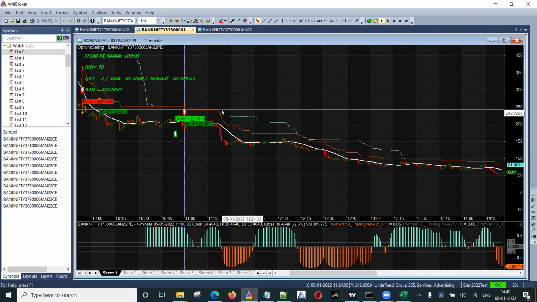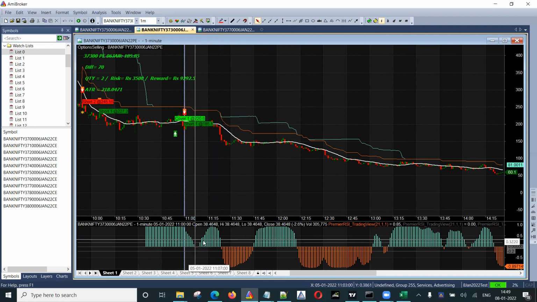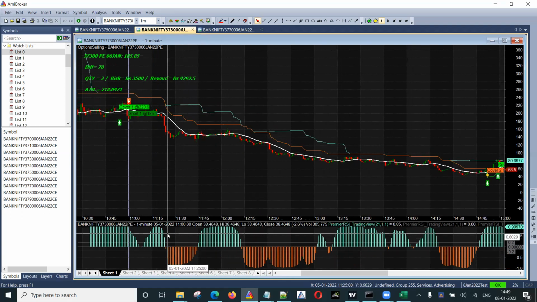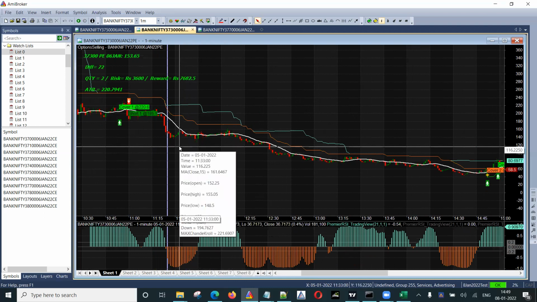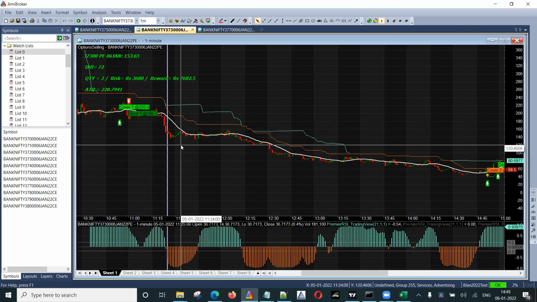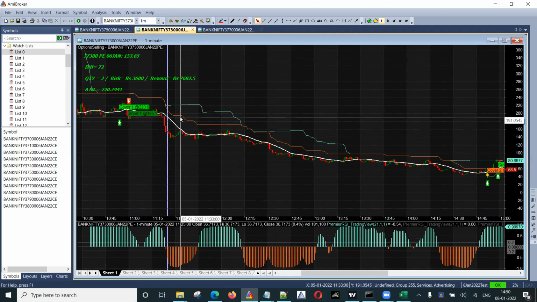So it gives you guidance of how the market is moving, how the price is moving. On the bottom side, you see an oscillator. A green oscillator is bullish, and when it turns red, it tells you that the price is moving down. And we are going to be using these charts. We will have two charts, one on the left hand side, the other on the right hand side.